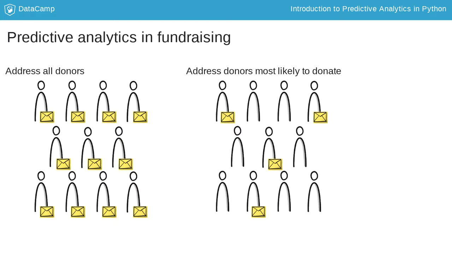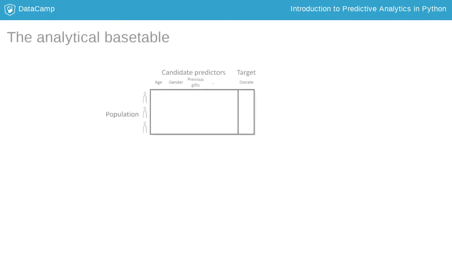However, this would be really expensive. Predictive analytics allows to determine the donors that are most likely to donate. This is exactly what the organization needs. Instead of writing a letter to all donors, they can send it to a smaller group of donors that is most likely to donate. In general, predictive analytics is the process that aims to predict an event using historical data.